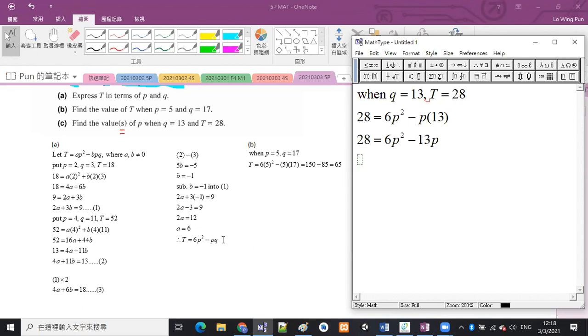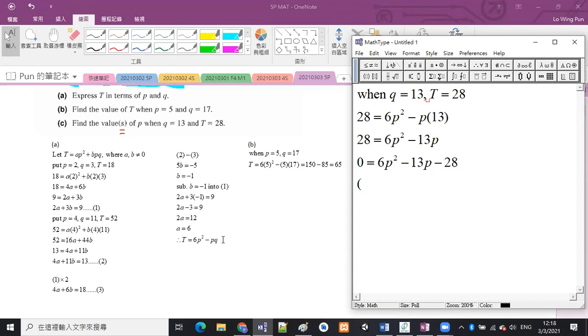And can you smell that? It will become a simple quadratic equation when you move the 28 to the right-hand side. It becomes 6P squared minus 13P minus 28. Get this? Okay, and then you may use the calculator formula 1 to help you.